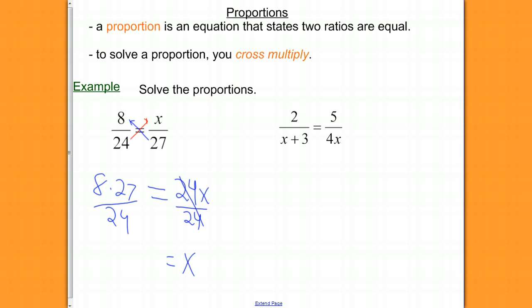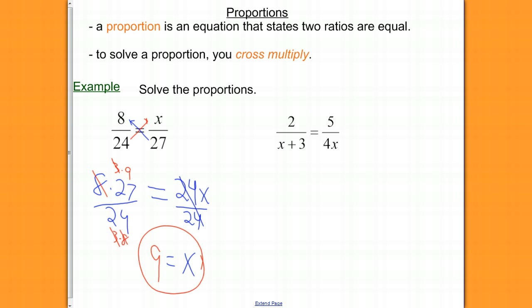There's an easier way to do this. You can do 8 times 27, then divide by 24, but 27 is 3 times 9, 24 is 3 times 8. Common factors cancel out. All we're left with is 9. It's a nice little math trick to get rid of higher numbers, multiplication and division.